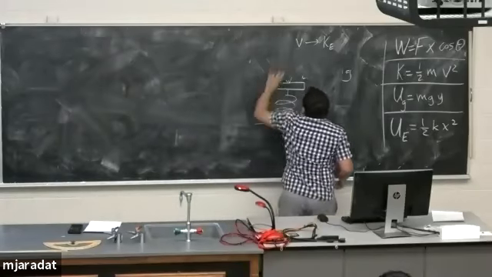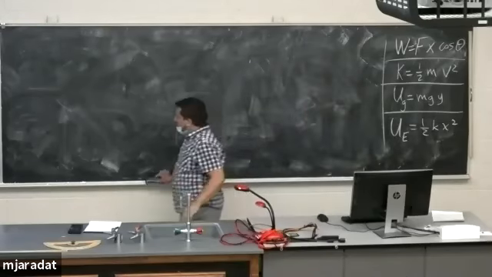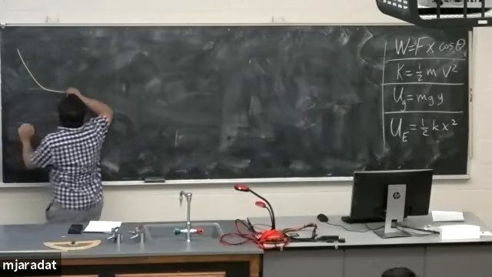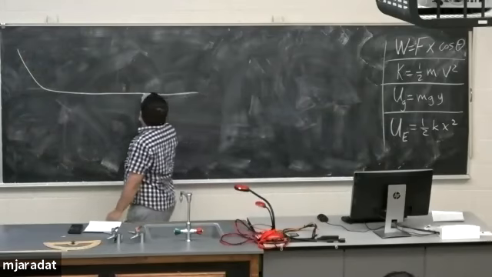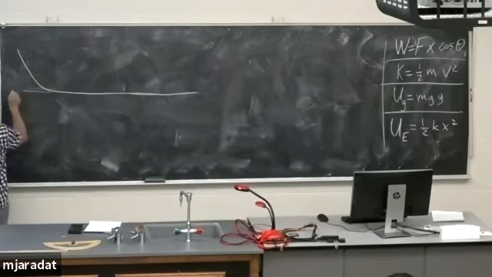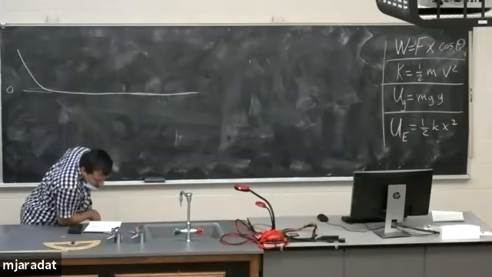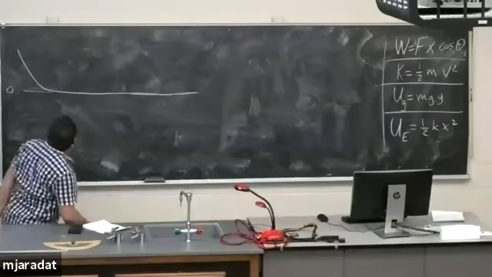Now I'll go again to the example. We have this system. We don't have any frictional force. This is 0 point and the maximum altitude is 3 meters.